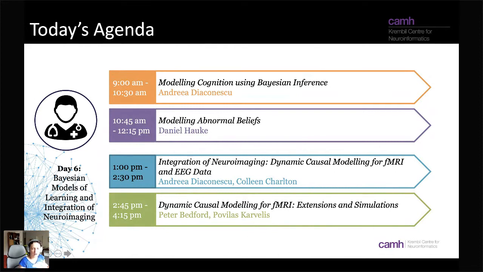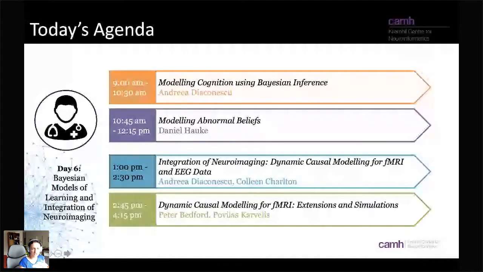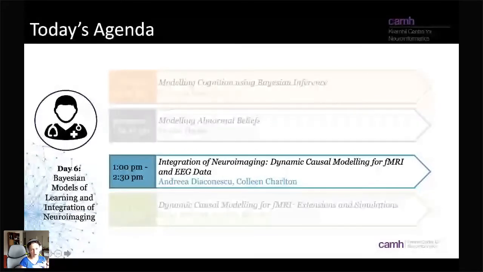Okay, so this is the agenda for today. We focus on the first section. So I will give a theoretical overview of dynamic causal modeling for fMRI and for event-related potential data or EEG data.